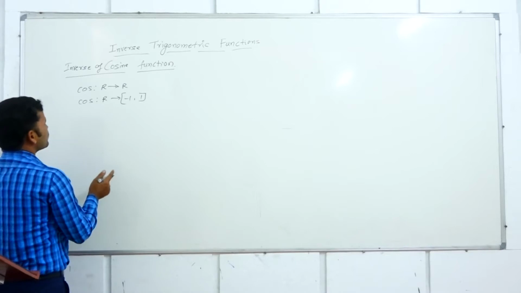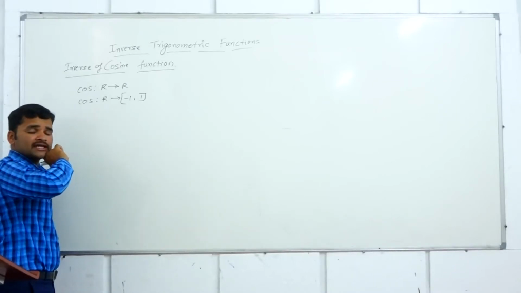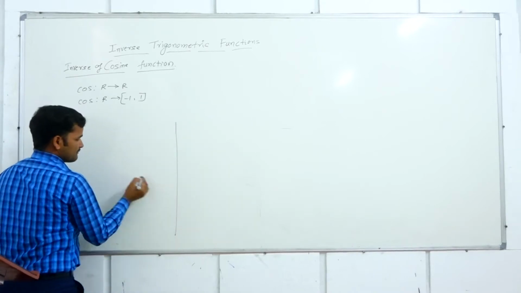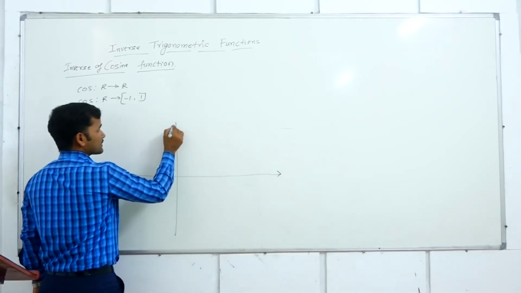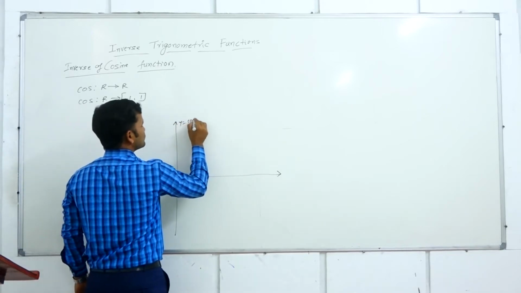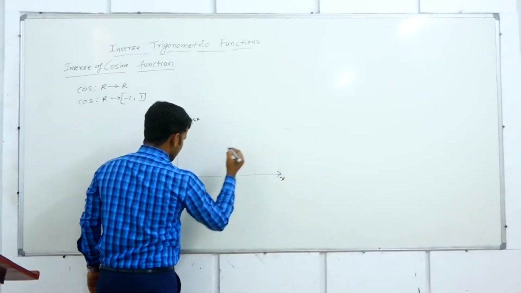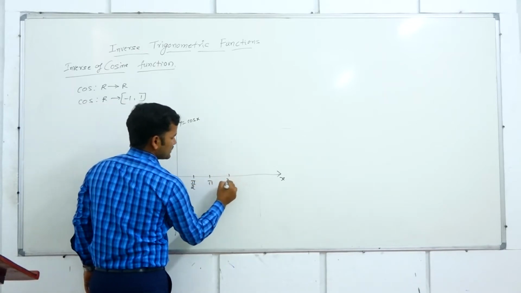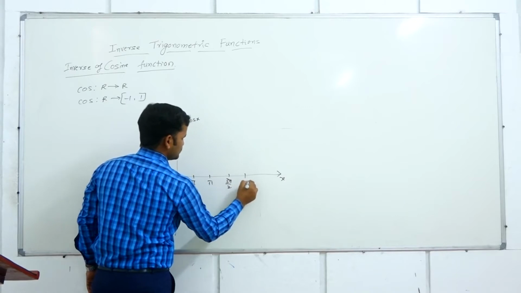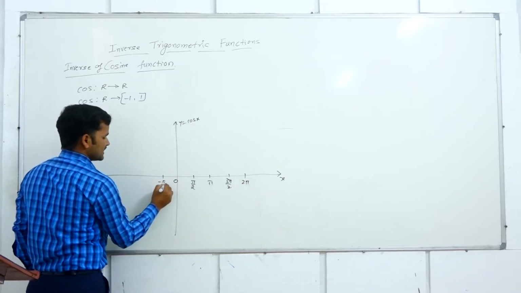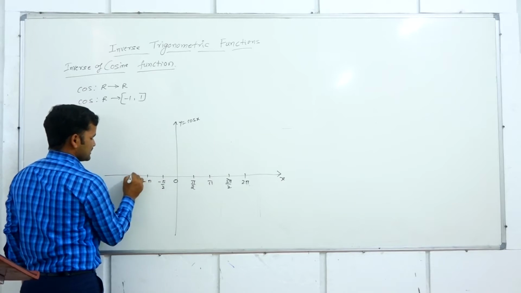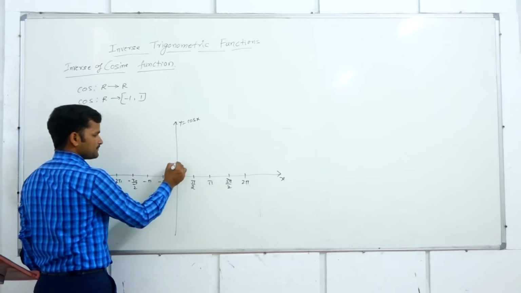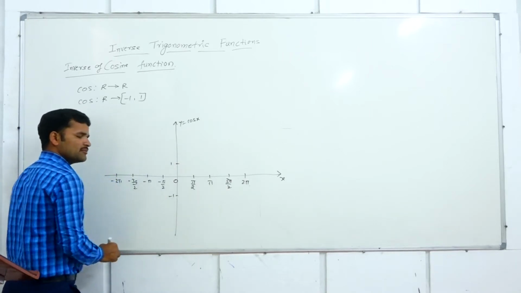Now next thing, I want to make the given function 1-1. What to do? Let us understand with the graph first. Y is equal to cos x, and this is x axis with 0, pi by 2, pi, 3 pi by 2, 2 pi, and this side minus pi by 2, minus pi, minus 3 pi by 2 and minus 2 pi, this is 1, this is minus 1.